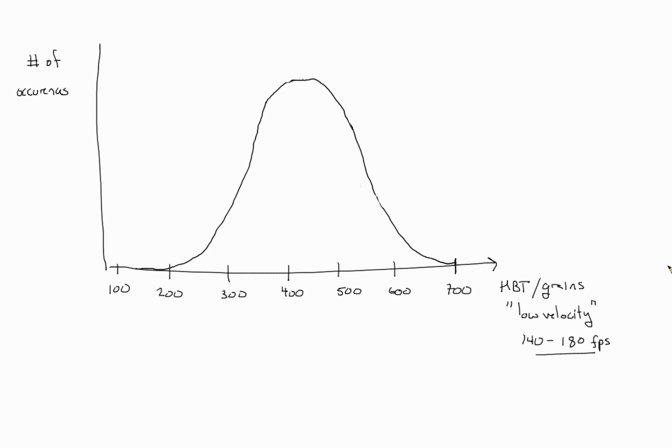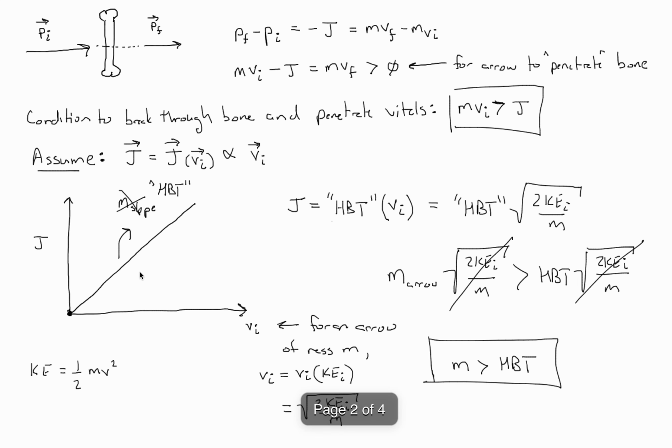And so I think that's the interesting take home here. First of all, is there a physical reason why a heavy bone threshold could be seen in experimental data? And the answer is absolutely yes. You could see this, particularly if you are studying over a limited range of velocities. So if you're only looking at 140 to 180 feet per second impacts, that's a relatively limited range of velocity, and over that range of velocity, the relationship between the impulse and the impact velocity could be linear enough in that region that you would get a threshold mass.